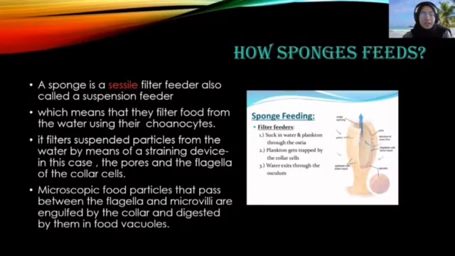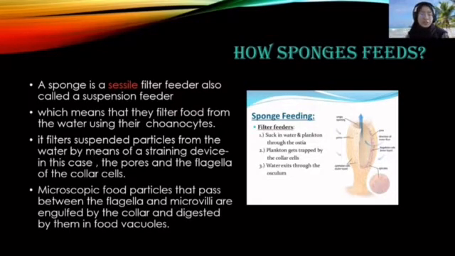The second one is how sponges feed. A sponge is a sessile filter feeder, also called a suspension feeder. Sessile means it cannot move; it's just static like that. Filter feeder means that they filter food from the water using their choanocytes.